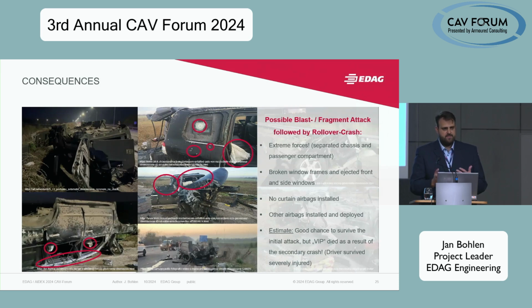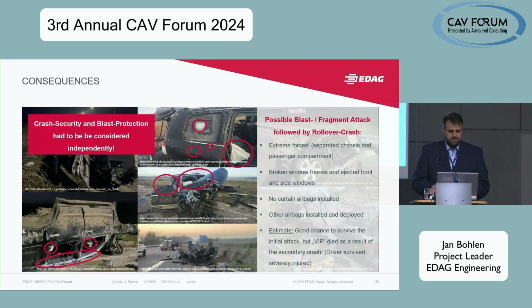Since the impacts are very small, I guess there was no harm to the VIP. But the outcome of the crash was that the VIP or executive in the back died and the driver was severely injured. And this is what I like to say in this holistic approach.